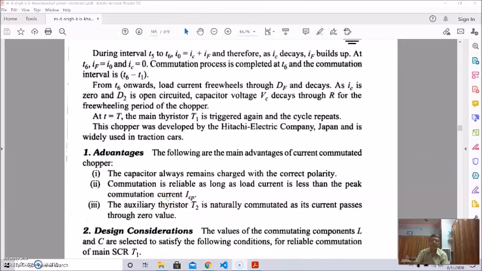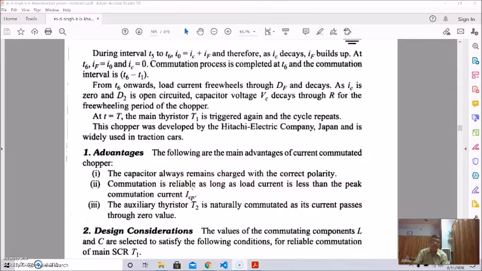From T6 onwards, load current freewheels through DF and decays, and as IC is 0 and D2 is open circuited, capacitor voltage VC decays through R for the freewheeling period of the chopper. And at T equal to T, that is the chopping period, the main thyristor T1 is triggered again, and the cycle repeats. This chopper was developed by Hitachi Electric Company, Japan, and it is widely used in trucks and cars.